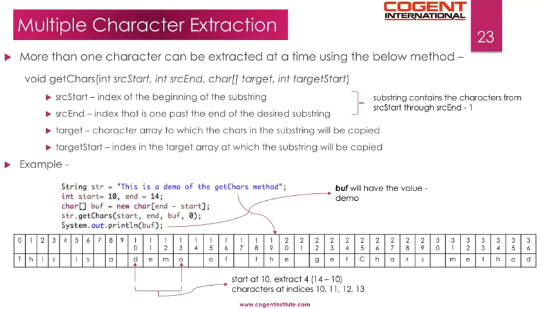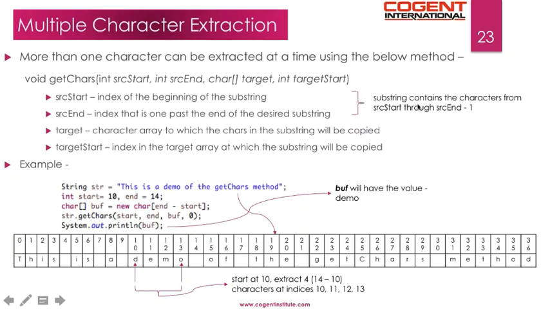Multiple character extraction. More than one character can be extracted at a time using the below method, getChars. Here srcStart, which is of type int, is the index of the beginning of the substring. srcEnd, which is of type int, is the index that is one past the end of the desired substring.